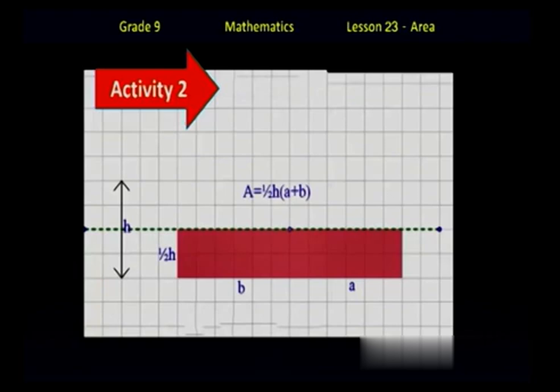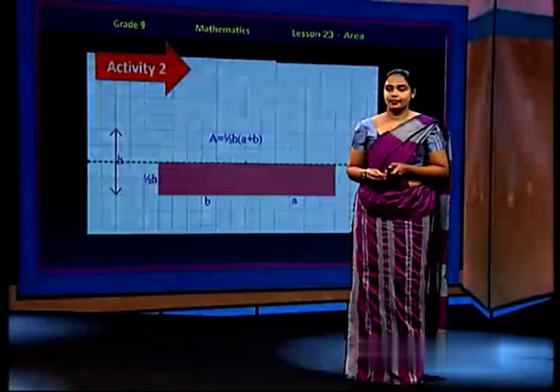Then length into breadth is written in this way, half h into a plus b. Isn't it the method of finding area of the trapezium? Then same thing, half into sum of the two parallel sides into perpendicular height. Then the same thing is mentioned here.